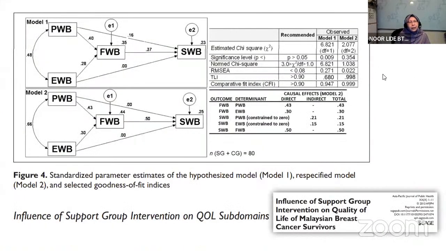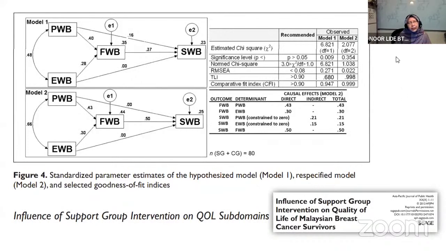Another example is a quality of life model. Normally, quality of life is seen as a general factor with 4 different domains: physical well-being, emotional well-being, functional well-being, and social well-being. And we thought that perhaps the relationship between these domains could be somewhat different, and therefore we tested this relationship.